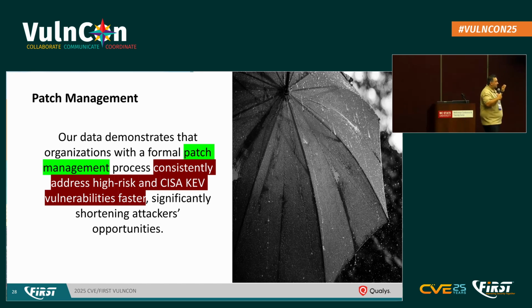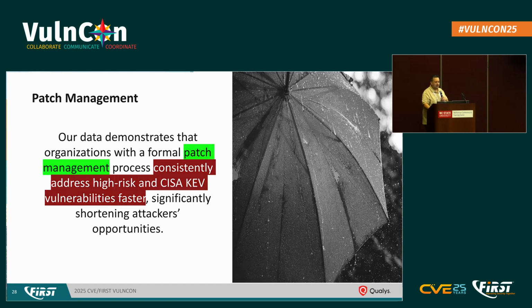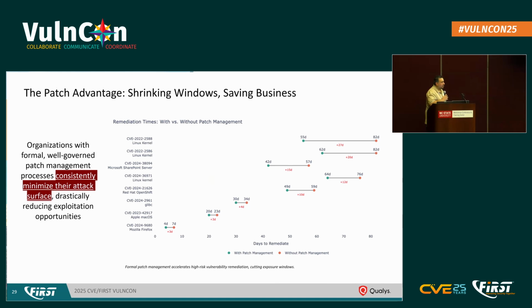For our customers who are using patch management versus the ones who are not, we are seeing that the ones leveraging patch management are clearly ahead. And here is a chart. 5 of these vulnerabilities are part of CISA KEV. The other 3, I believe one of them a Linux one, are not part of CISA.